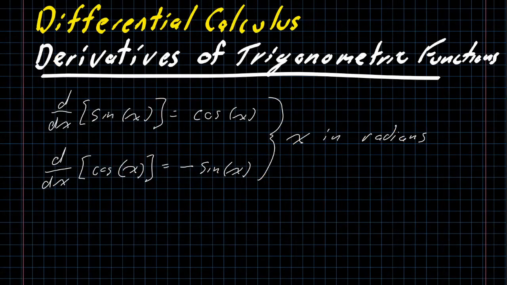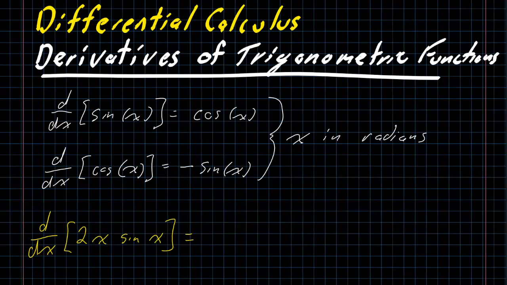So these two derivatives are very straightforward. We can make things messier by including other stuff hanging around with them. If I want to take the derivative of 2x sine x, this is the product of two functions, 2x multiplied by sine. So I can take the derivative using the product rule.